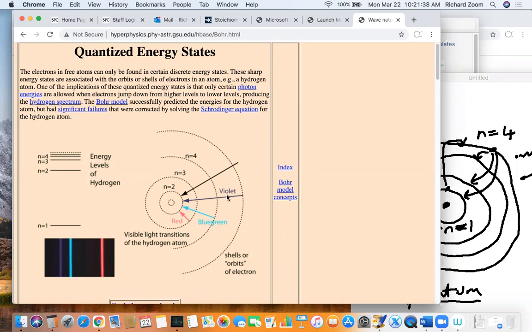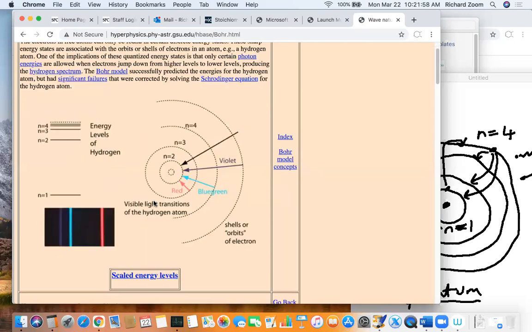That's because of its frequency and its wavelength. The one that goes from n equals 4 down to n equals 2 would be blue-green. And the one that goes from n equals 3 down to n equals 2 would be red. And we can actually calculate these frequencies and wavelengths based on equations that I'm going to give you here.